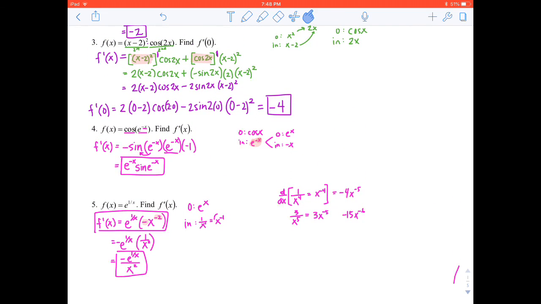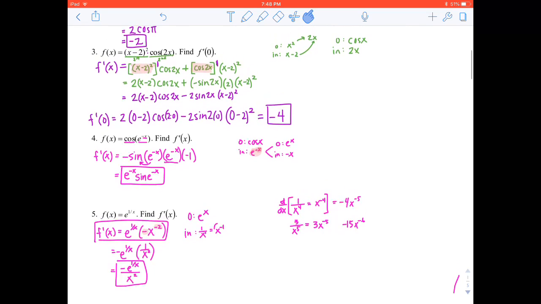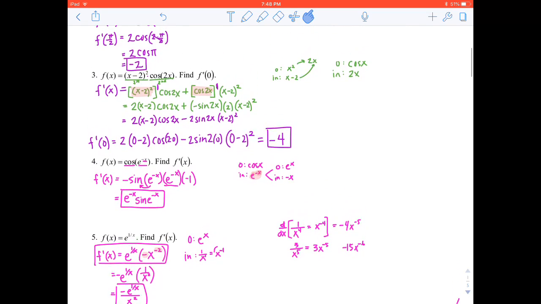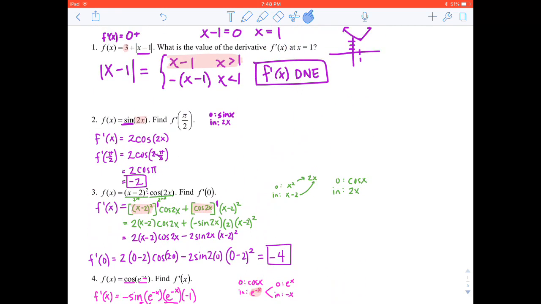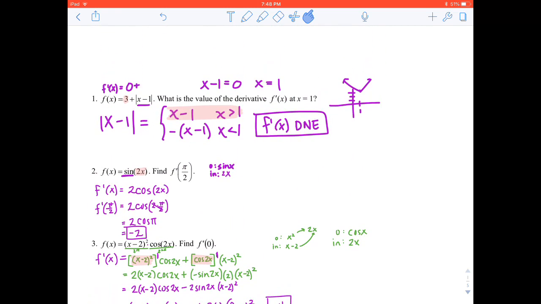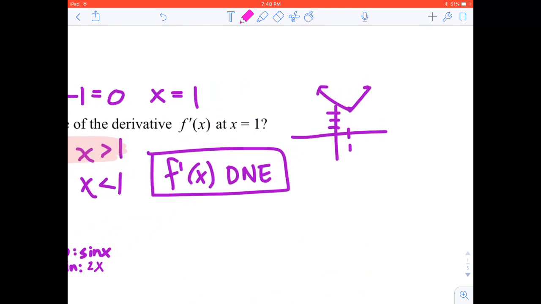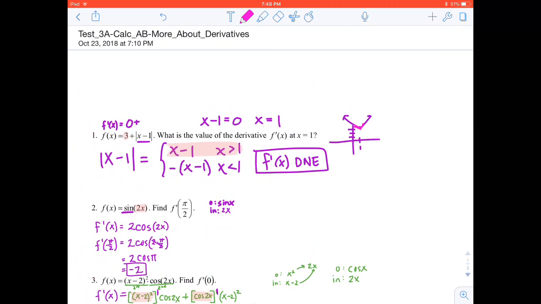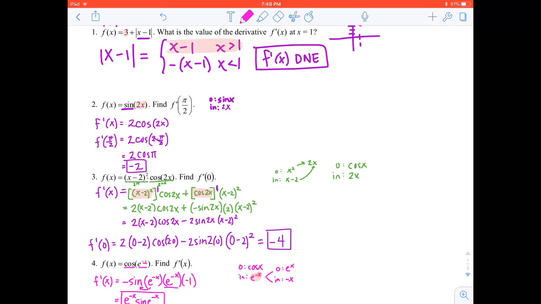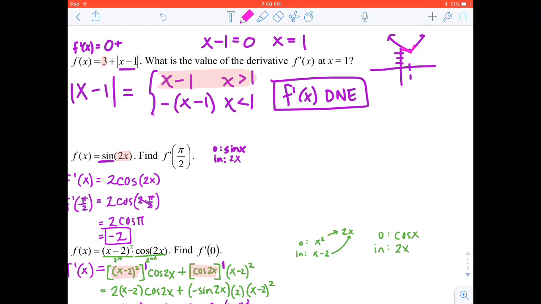Okay, I'll just scroll up again. For those of you who are just tuning in, you can take a look at what we've done here. We started with the absolute value function here, and we determined that the derivative at a corner does not exist. So that was our solution here. Number 2, we had to use a chain rule.